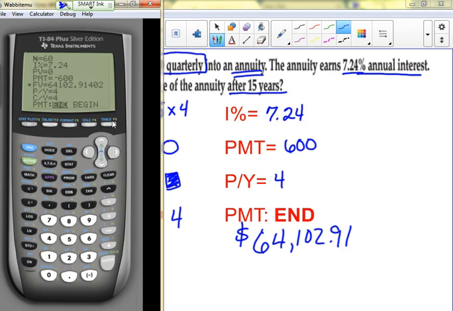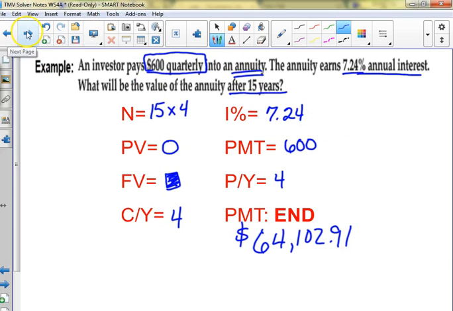The same thing, whether you're paying the bank or they're paying you, they're going to calculate with a different sign. Okay, but I don't want you to say, my annuity is worth negative $64,000. Okay. Questions? Everybody got that? We're good?